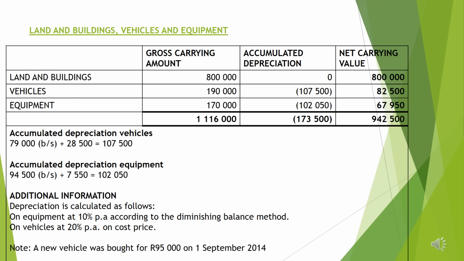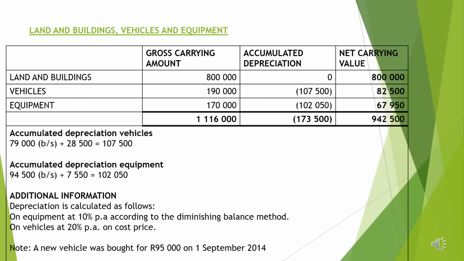That's a historical cost, a cost price, on 1 September 2014. Now, we need to calculate depreciation for the new assets and also depreciation of the old assets. So it means 190,000 rands, because this is a pre-adjustment trial balance as from 28 February 2015, means this 95,000 rand is part of this 190,000.